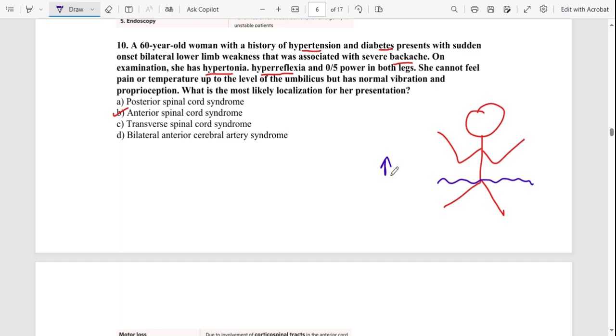Reflexes are high, tone is high, but the muscle power is low. He cannot feel pain or temperature to the level of the umbilicus.